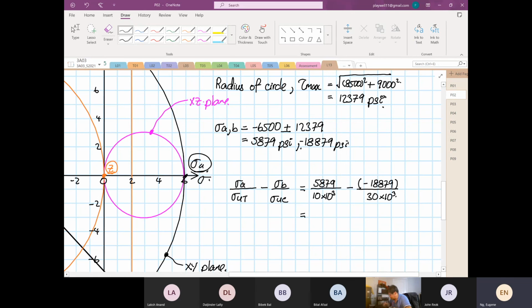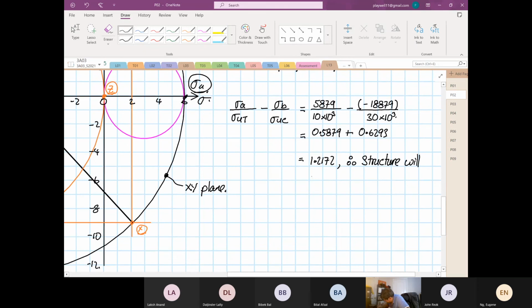This is 0.5879 plus 0.6293, which is equal to 1.2172. When that's the case, the structure will yield according to Mohr's criteria.